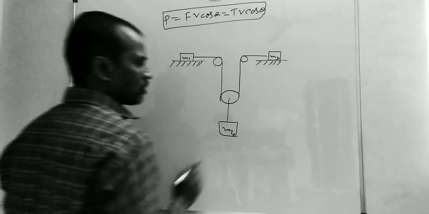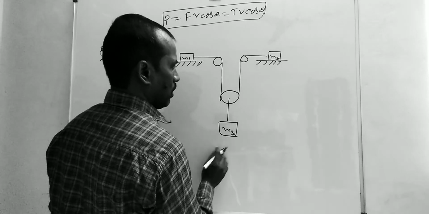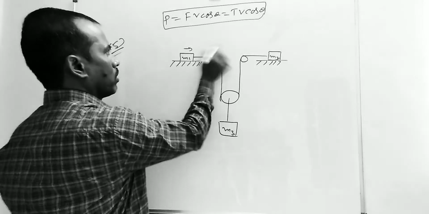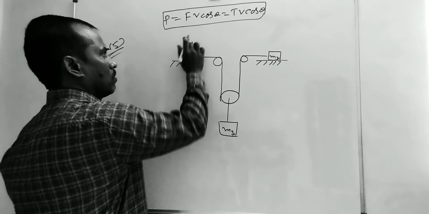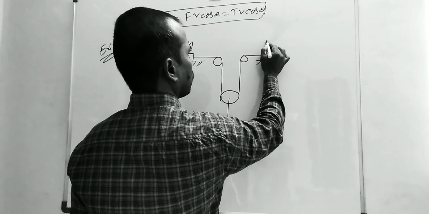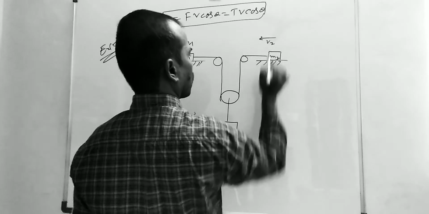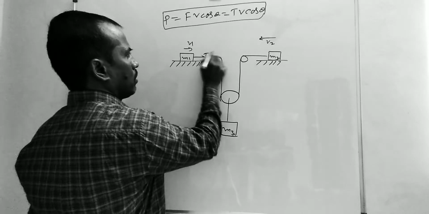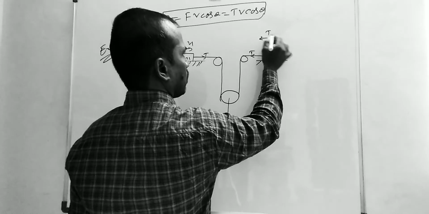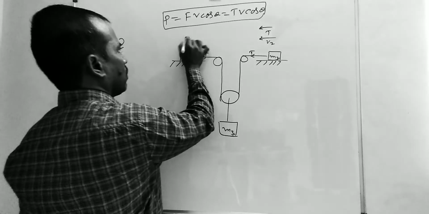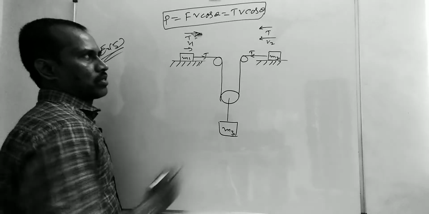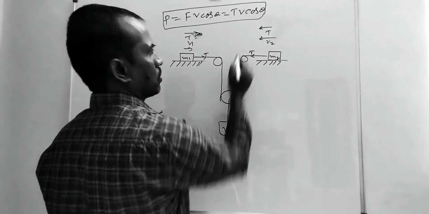Block M3 moves in the downward direction. This block moves in the forward direction with velocity v1, and this block moves to the left with velocity v2. The tension in the string is T, and the velocity and tension are in the same direction, so theta is equal to 0 degrees.